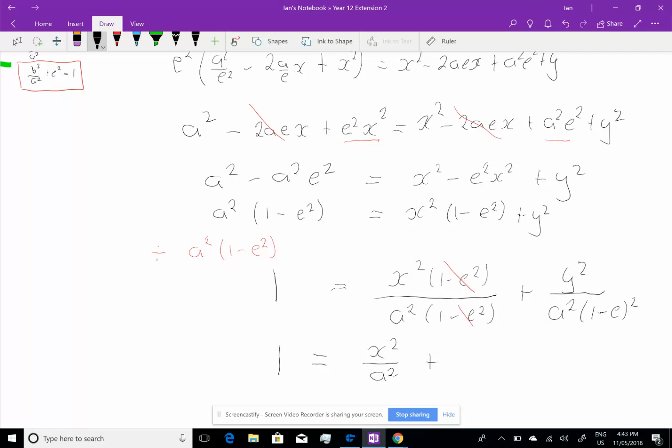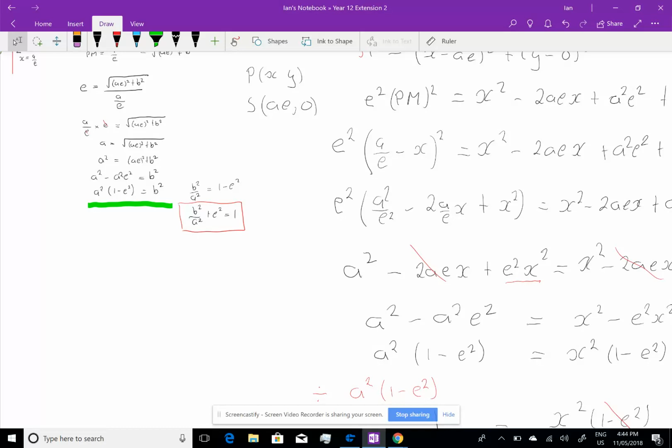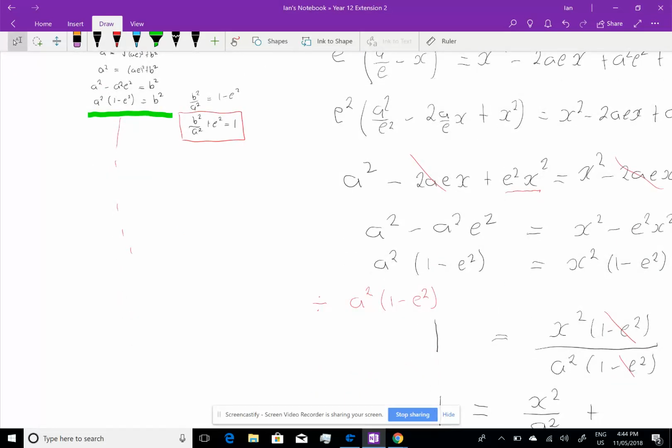It's going to be pretty tricky to try and simplify this. But luckily, look over here to what we did earlier. Ooh, b squared equals a squared outside of 1 minus e squared.